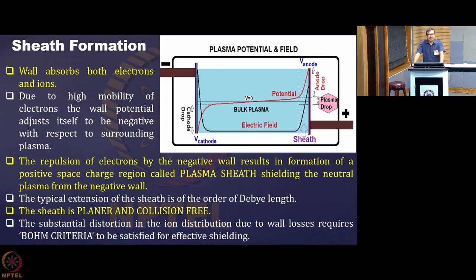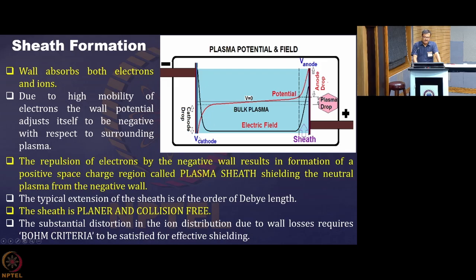Now here I will explain how the plasma sheath is formed. For explanation purposes, we have taken the bulk plasma potential to be 0 here. Not necessarily, it can have some value, but here we have taken it like this for relative comparison. You see here that the net potential between the cathode and the anode consists of two regions.